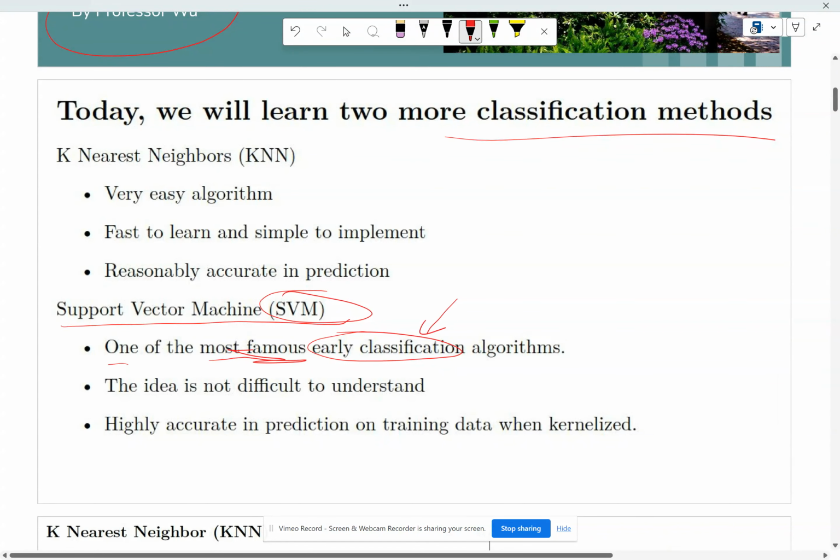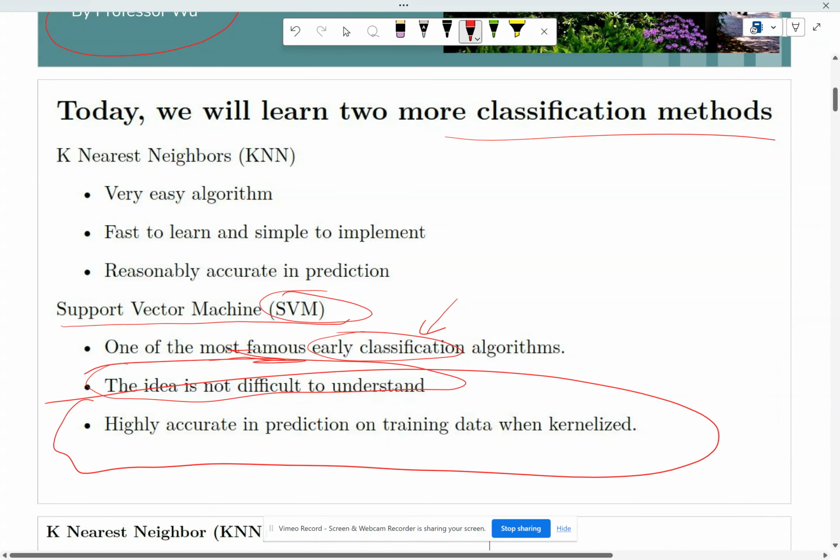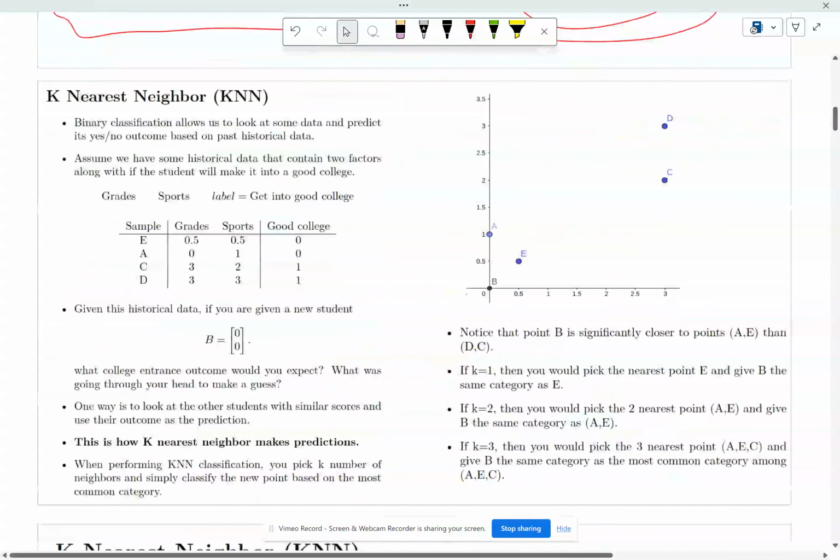The idea is not difficult to understand, although you would need to know some elementary geometry as well as linear algebra. It is quite accurate in predicting, especially when you kernelize it. Unfortunately for this class, we're not going to cover the kernelized version, but we'll still cover a good starting point. So let's get started. K-nearest neighbor.